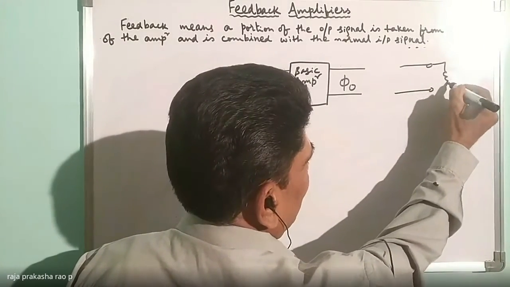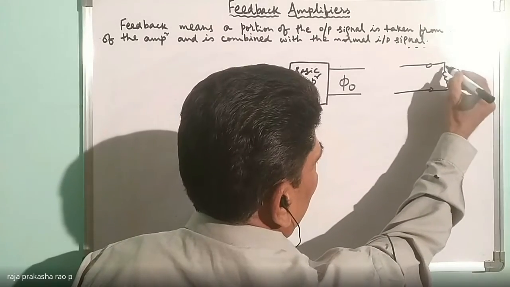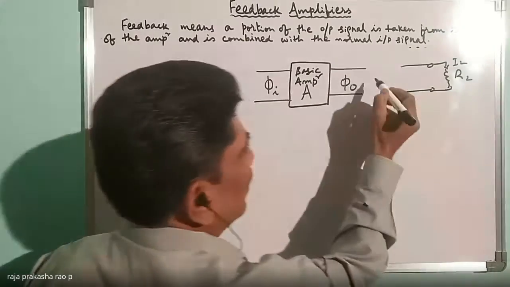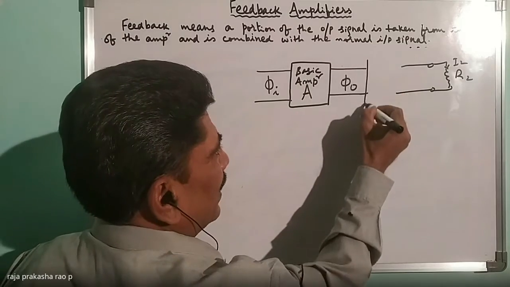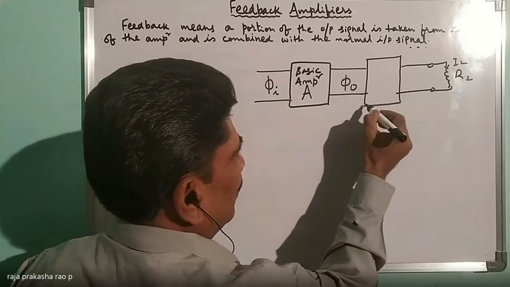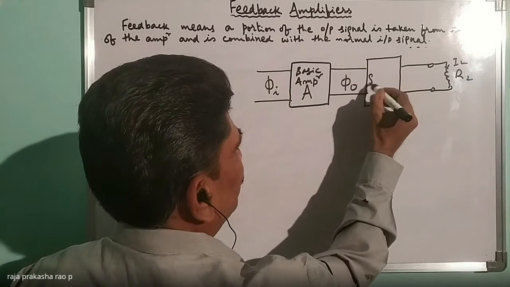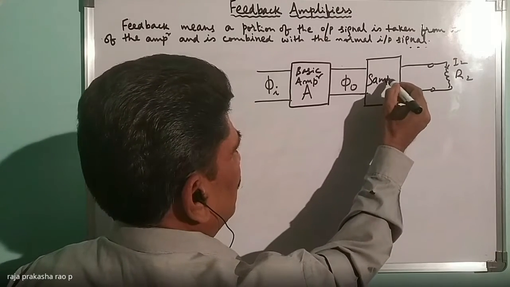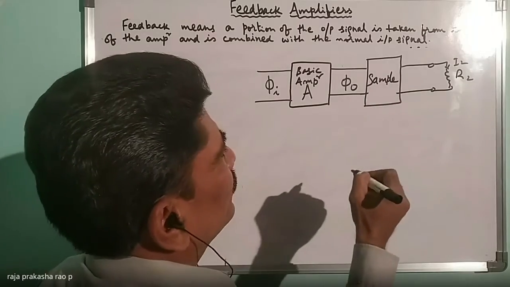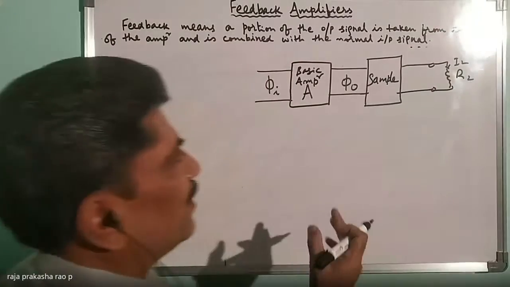Output should be connected to a load, let it be RL, with current IL flowing, and input should be connected to a source. And we are using another setup here, which we can call a sampler. The output of the sampler is the same, φ0 only.